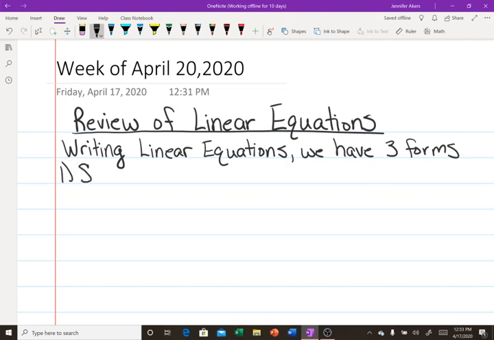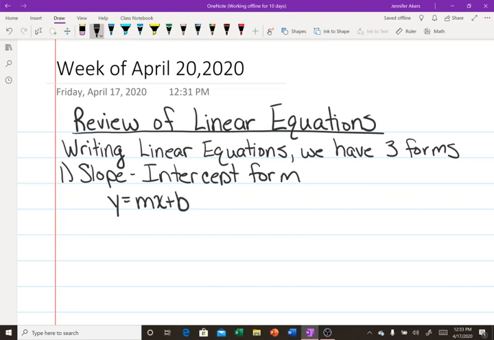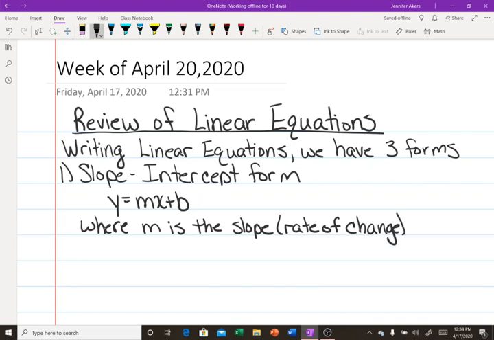We have slope-intercept form, which is y equals mx plus b, where m is the slope, also known as rate of change, of the line.